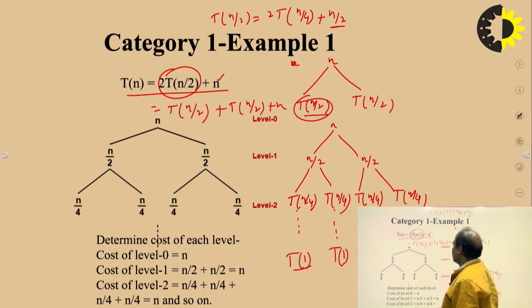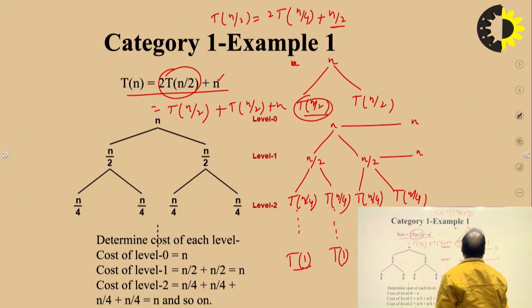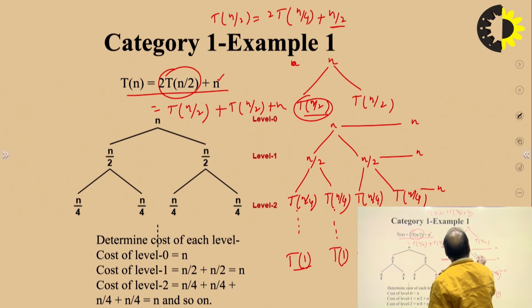We are going to add the cost at each node. See, this is n, and adding them together, this will become n again. Cost at each level will be the same. Same thing here. After expansion, it will be n also. So the cost at each level of the tree is going to be n.